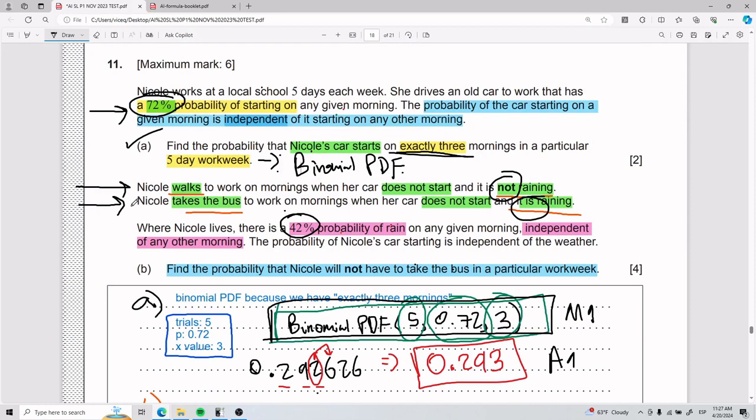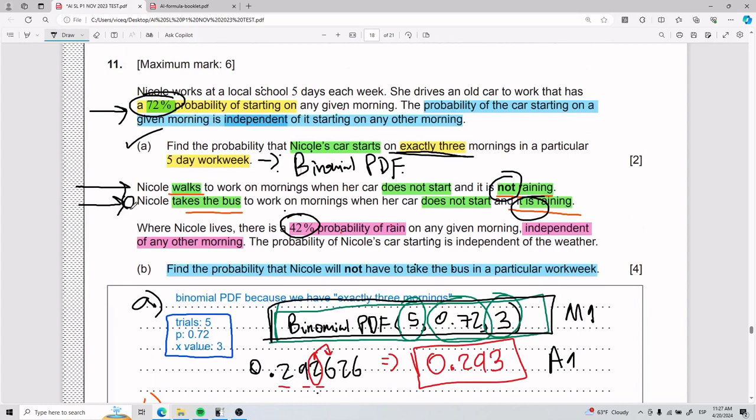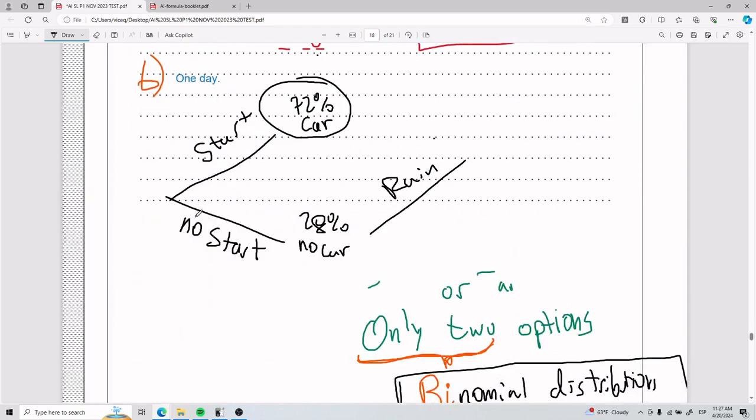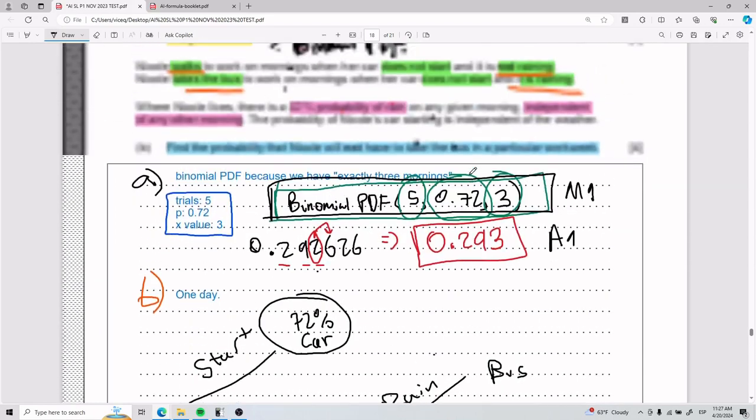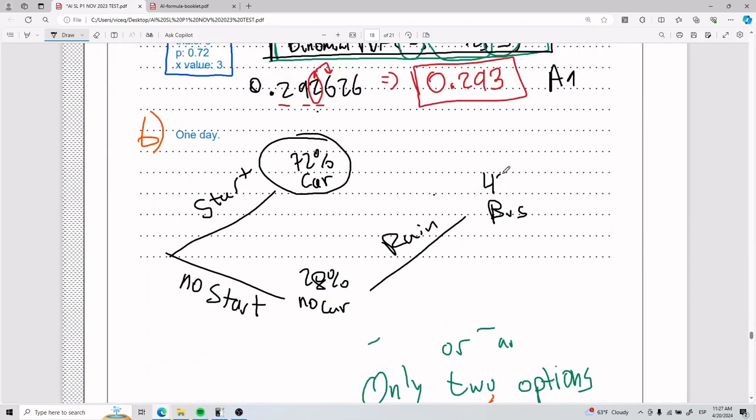Oh, sorry. No start and rain, bus. So no start and rain, bus. What's the probability of this? 42% probability of rain, right?